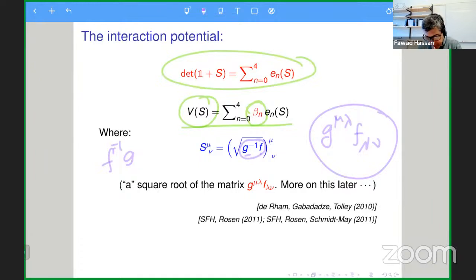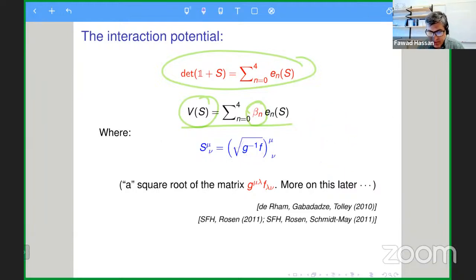But you need one index up, one index down in order to be able to form polynomials out of this matrix. So to summarize, the claim is that the interaction term between the spin 2 fields F and G is given by the following quantity: you take the inverse of the matrix G multiplied by the matrix F. This is an object which has an index up and another index down.